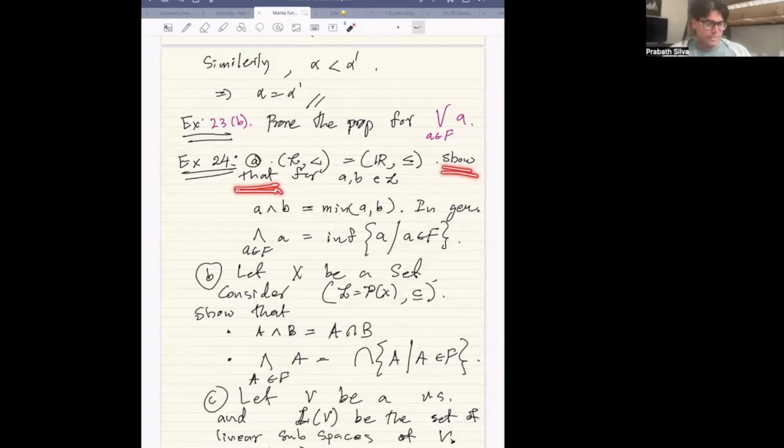This is saying that the meet, this gadget, is the minimum and so on in different partial orders.